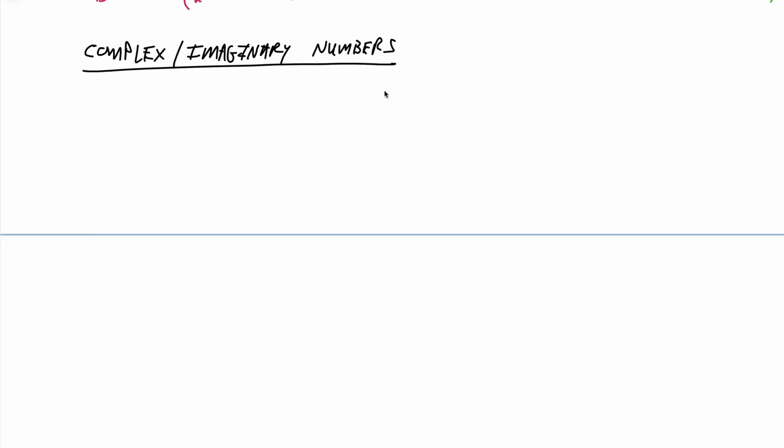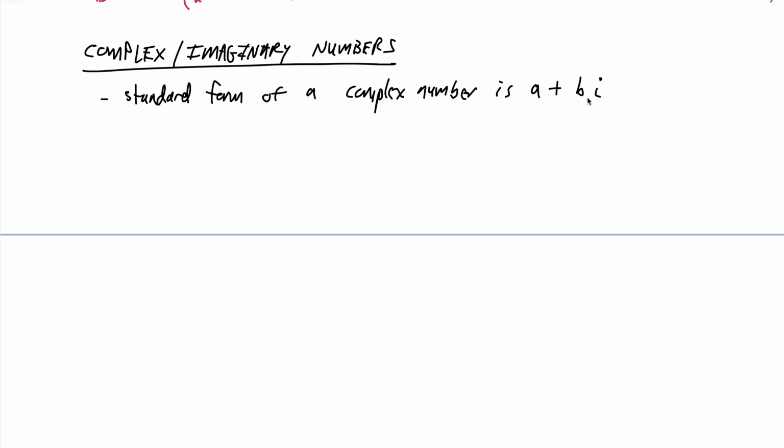Okay. So what does this all mean? Okay. Well, first things first, let's talk about the standard form of a complex number, and that is a plus bi.